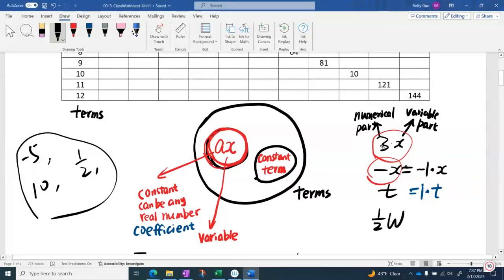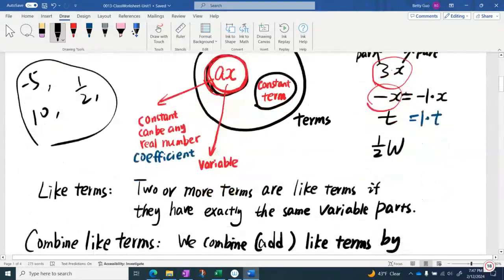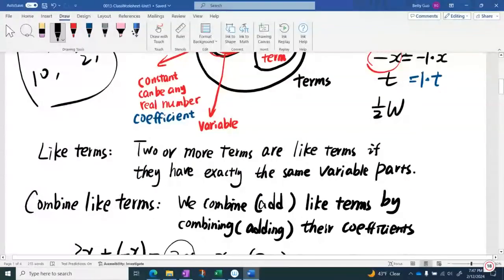The number is called the coefficient, and the variable is called the variable part. It could use different letters. The other type of terms are constant terms. All the constant terms are like terms. You can combine them, you can add them together. And like terms refer to 2 or more terms with identical variable parts.